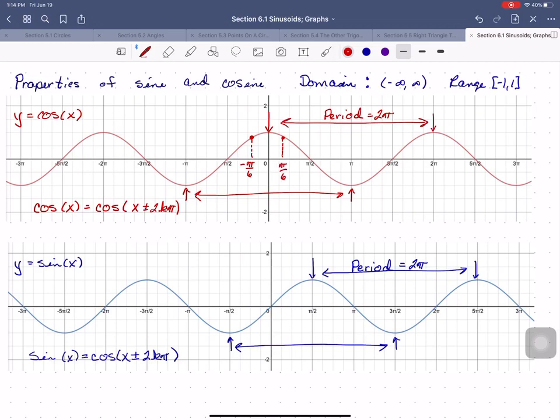Notice that the y coordinates are the same for both of those points. What that means is that the cosine of negative x is equal to the cosine of x, making cosine an even function.